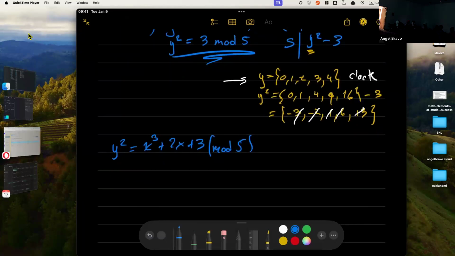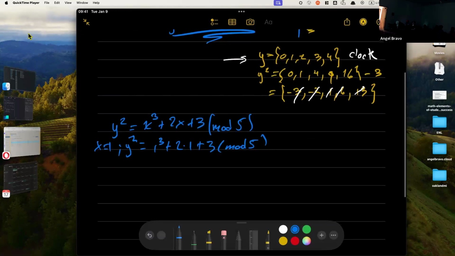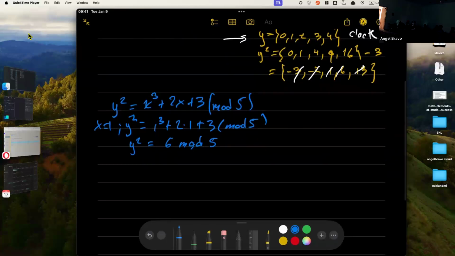Now, in this case, we claim x will be 1, hence y squared will be 1 cubed plus 2 times 1 plus 3 mod 5, correct? Now, pressing the issue a little further, y squared is just 6 mod 5, correct?